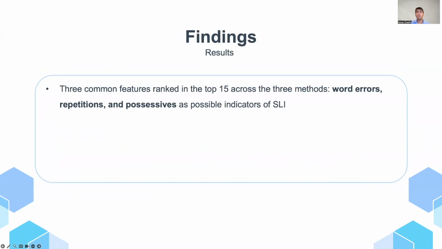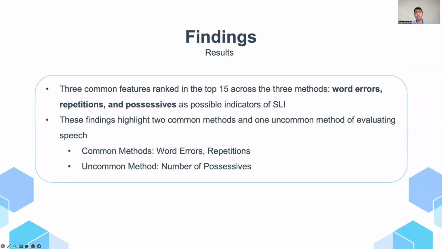Once the modeling was complete, the results showed that among the 3 machine learning models used, which were again gradient boosting classifier, the logistic regression, and mutual information quantities, the three common features ranked on the top 15 were word errors, repetitions, and possessives as possible indicators of SLI. These findings highlight two common methods of evaluating speech.